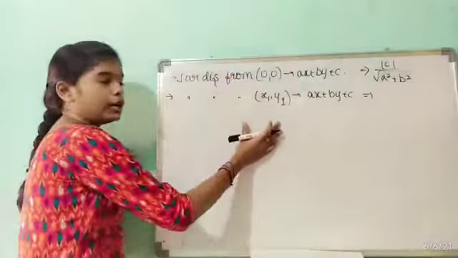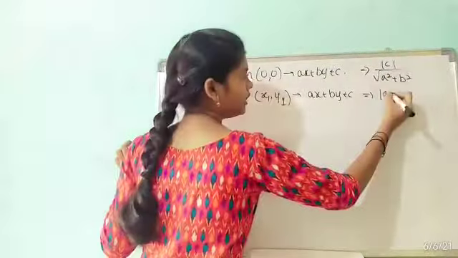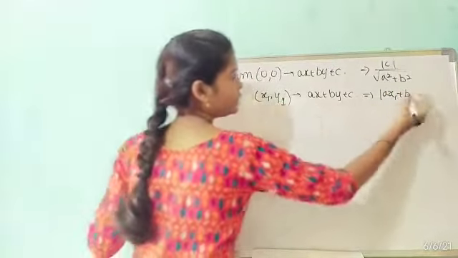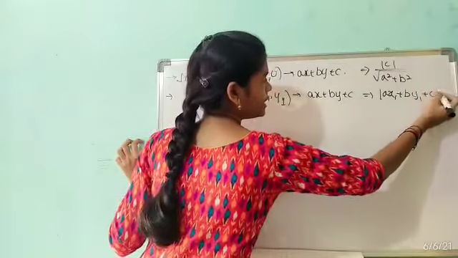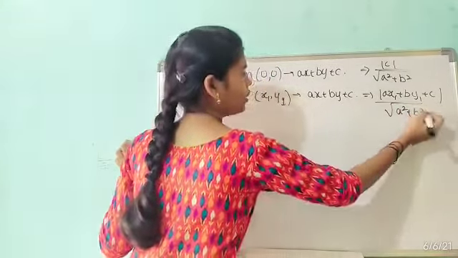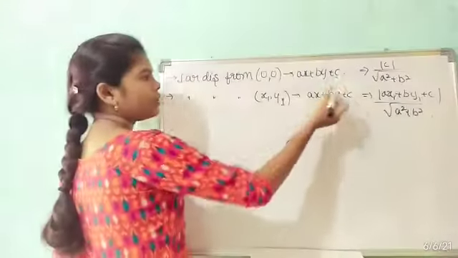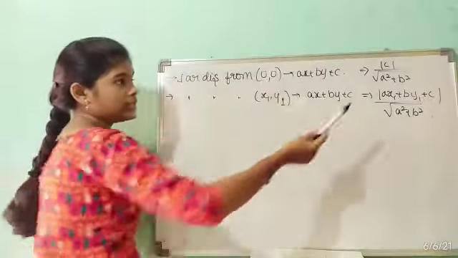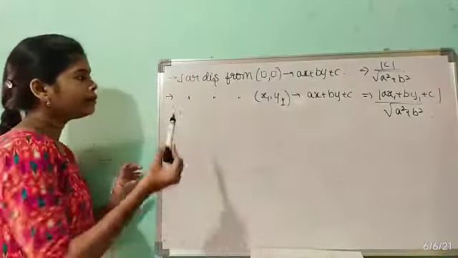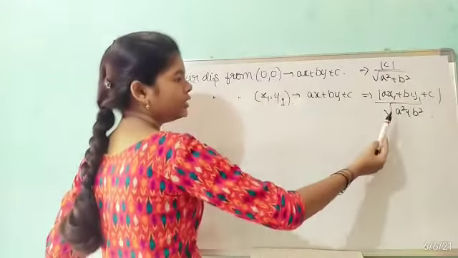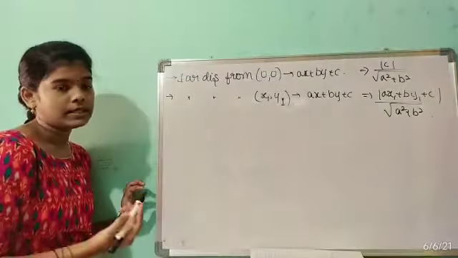As a point is given, you have to substitute this point in the equation: a x1 plus b y1 plus c by root over a square plus b square. Here also you can apply this, because x1 and y1 are zeros, so only c will be there. And here x1, y1 are there; we substitute them in this equation, divided by root over a square plus b square.